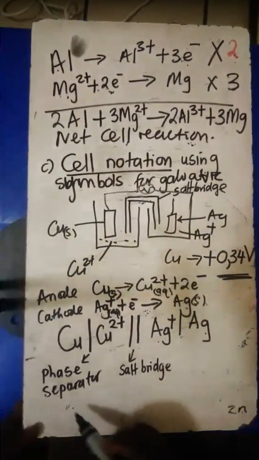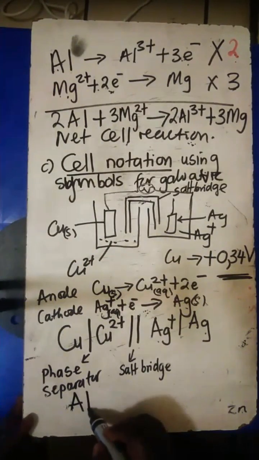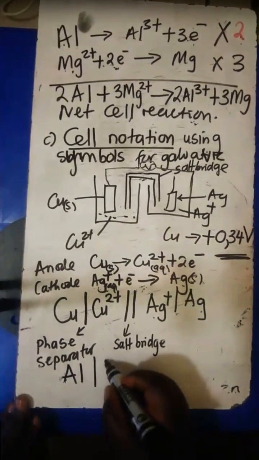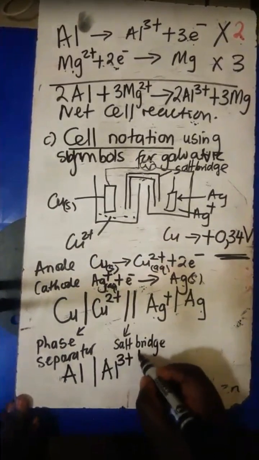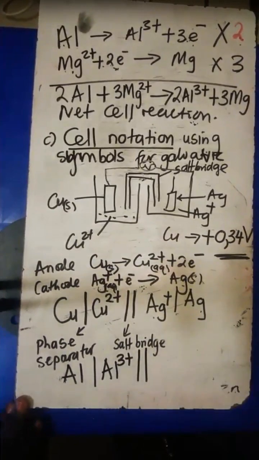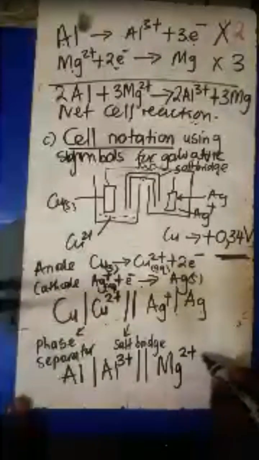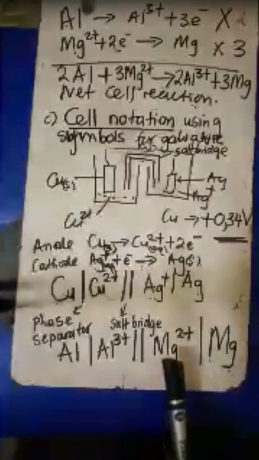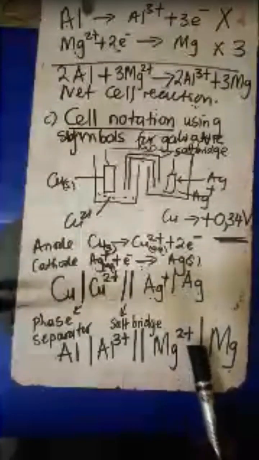So if I want a cell notation: Al, one line, Al3+, salt bridge, Mg2+, one line, a straight line please, Mg. This is called cell notation. I'm using symbols.